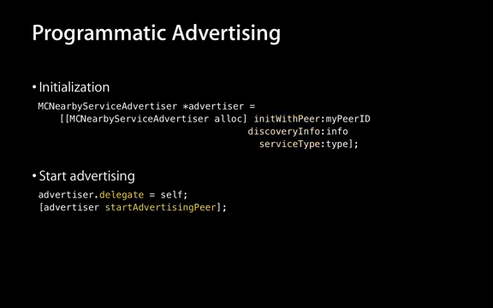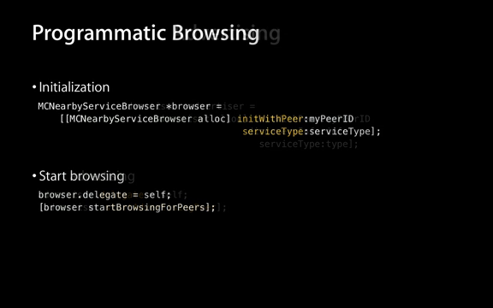You'll have to set a delegate on the advertiser to get notified of advertiser-related events. And to start advertising, you will call the startAdvertisingPeer method. On the browser side, you will need an MCNearbyServiceBrowser object. To instantiate it, you will need to pass it 2 parameters.